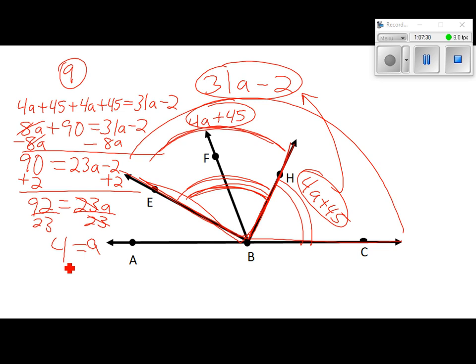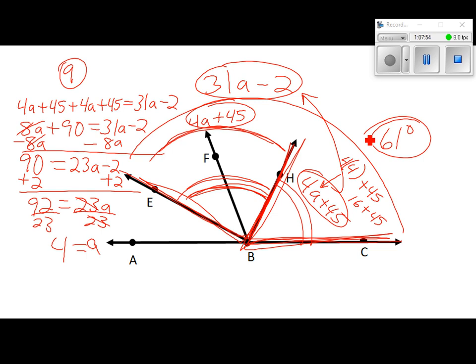They ask us to find the measure of angle HBC. HBC, that's this angle. So we're going to plug in 4 for A. So 4 times 4 plus 45. That's 16 plus 45, which is 61. So the answer to problem 9 is 61.